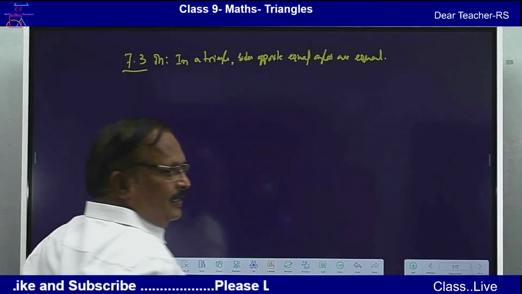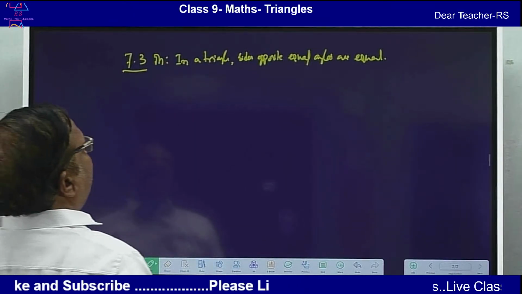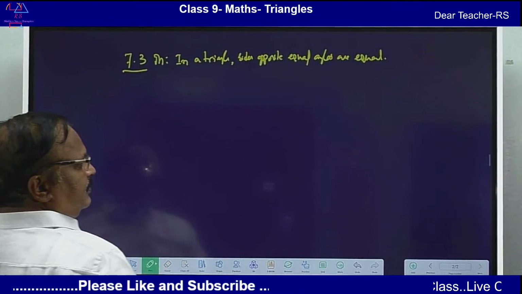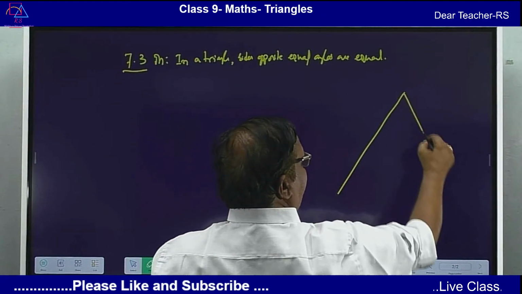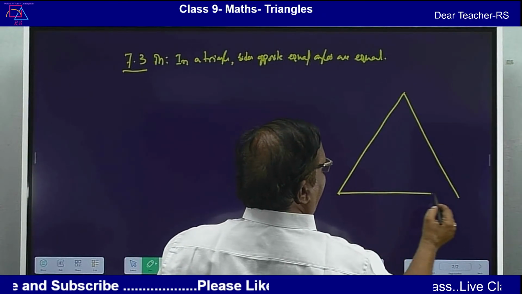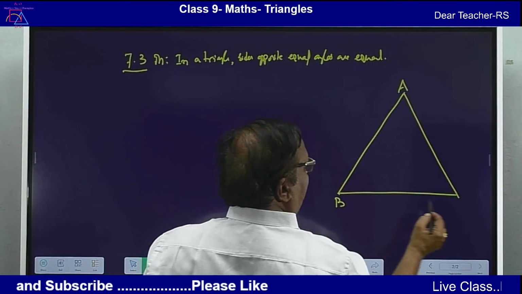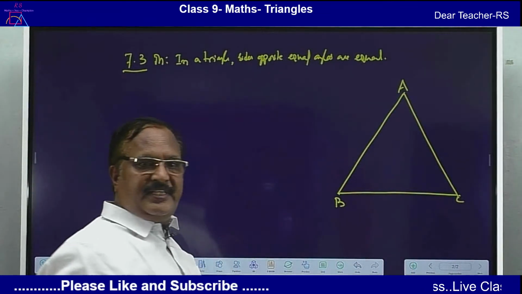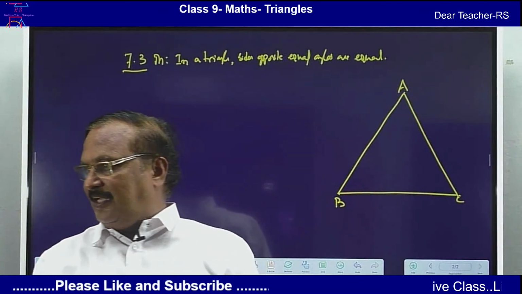You can add 'in an isosceles triangle' also as per the textbook. So now for this also you need to draw the diagram. I am drawing it freehand. I advise all the students, you have to draw the diagram using pencil and also using pencil and scale.